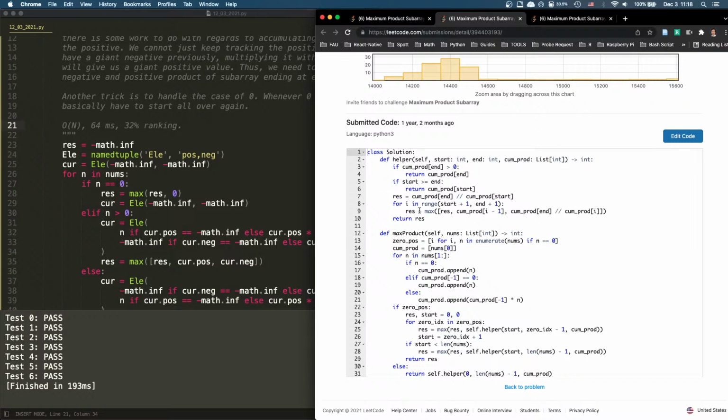So the rest, and then for i in range, start plus 1 and end plus 1. We're gonna do the same thing. Rest, cumulative product, i minus 1. Why i minus 1?